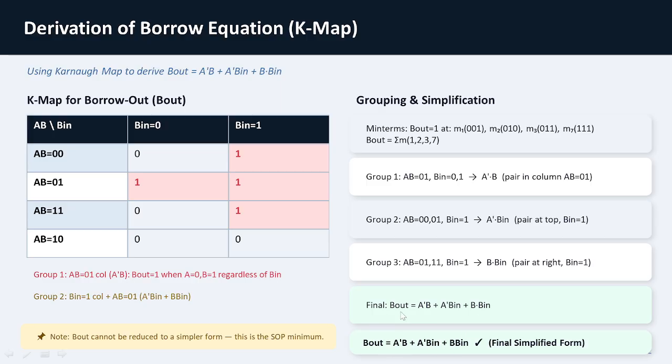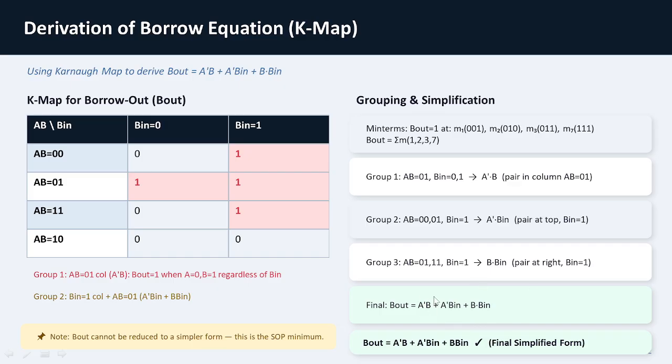Simplify using the K-map. Like I said, for the difference equation I used the K-map, but I didn't get any simplified answer, because I didn't have any adjacencies. But here I got adjacent ones, so I had an option to simplify.